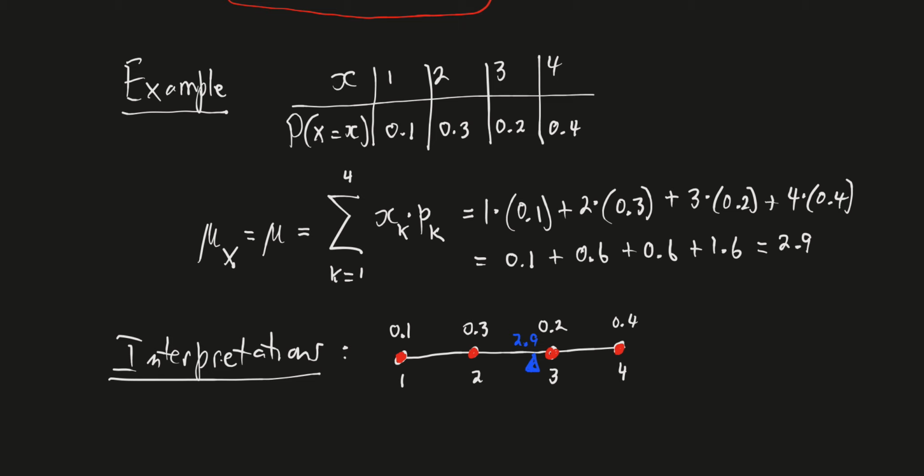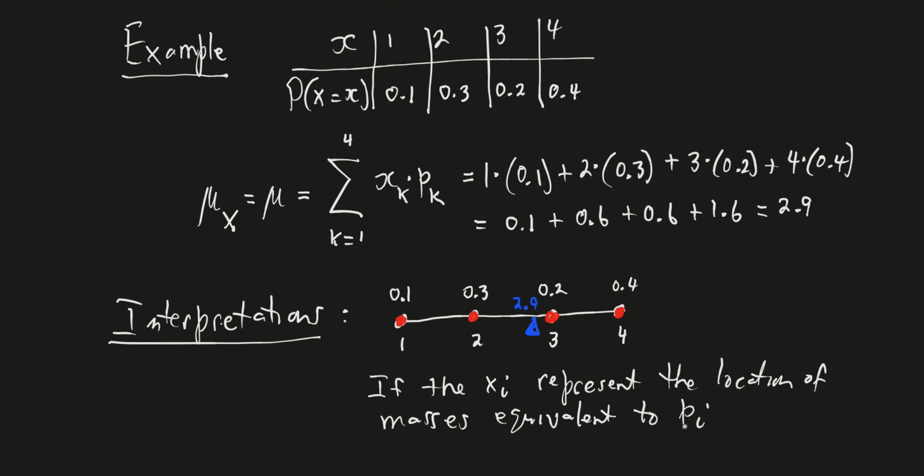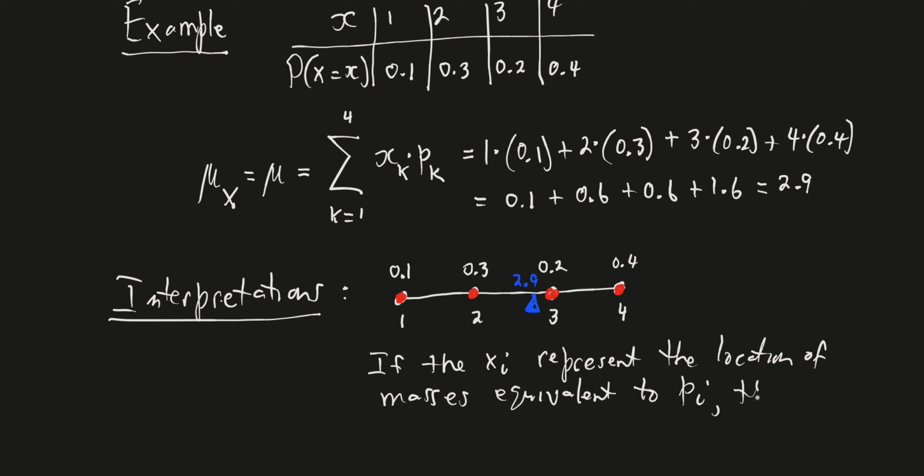So one physical interpretation is that if the x_i's represent the location of masses equivalent to the p_i's, then the mean, which is our mu, represents the point of balance of this physical system, right?